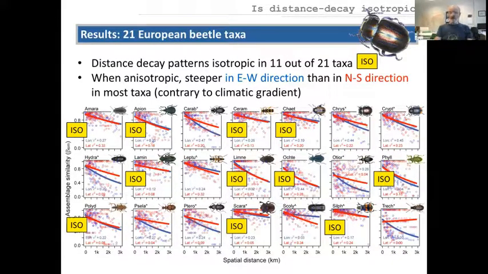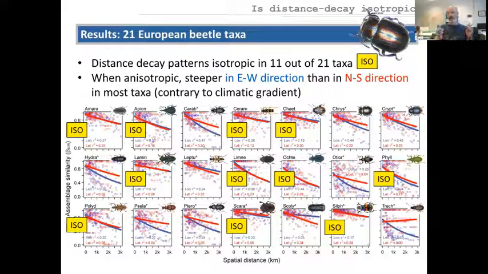And there is a huge variation in the degree of anisotropy, meaning that probably different characteristics associated with dispersal or niches make the anisotropy different in different beetle taxa.